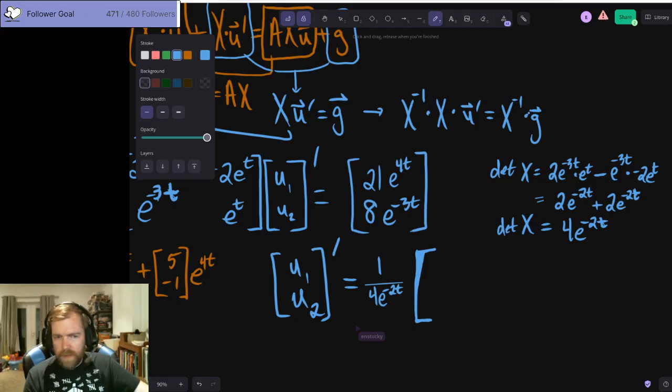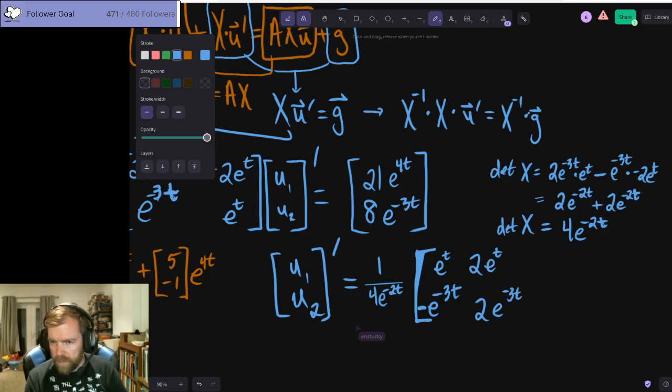Okay, and one more time with these. We said it was swap the main diagonal, that's right, and then change the sign of the other. Okay, and multiply by g: 21 e to the 4t and 8 e to the negative 3t.